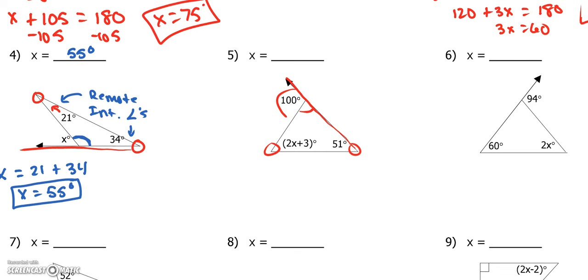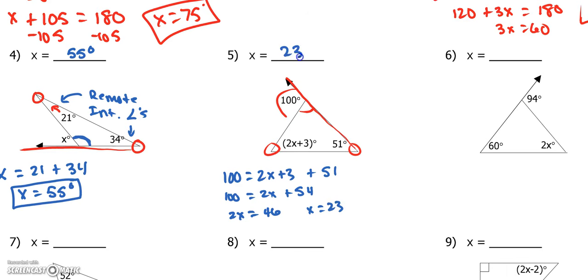We'll say this 100 degrees has to equal my first remote interior, 2x plus 3, plus my second remote interior, which is 51. Now I can combine some stuff. 100 equals 2x plus 54. Subtracting 54, I get 2x equals 46, and x equals 23. So x is 23.